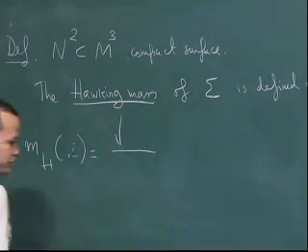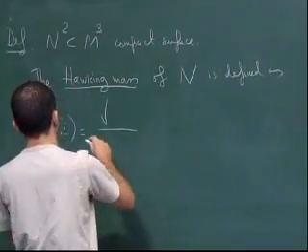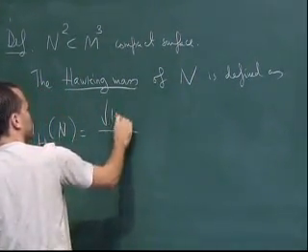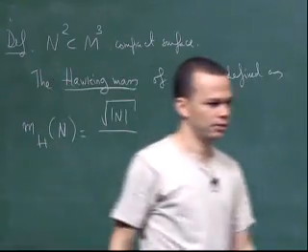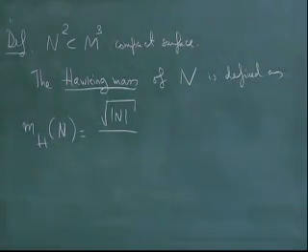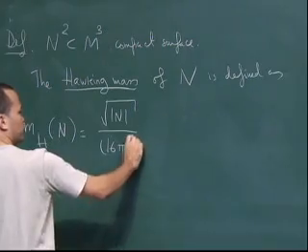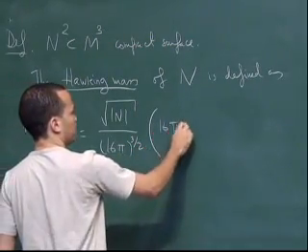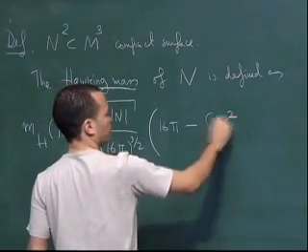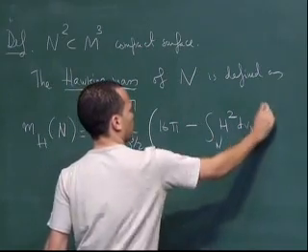Oh, I'm confusing n with sigma here. So this will be my symbol for the area of the surface. There is a constant here, which I always forget. It's the square root of the area over 16 pi to the 3/2 times 16 pi minus the integral of H squared. Right, this is the definition.